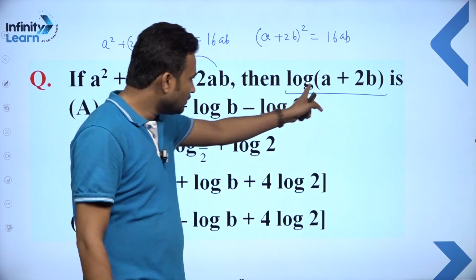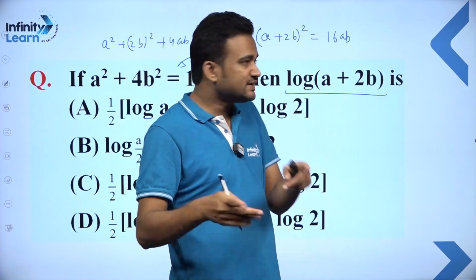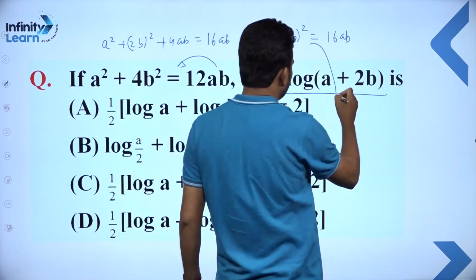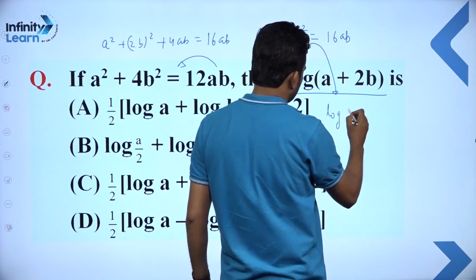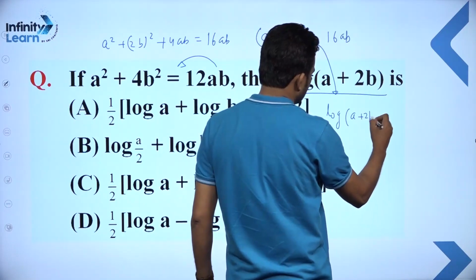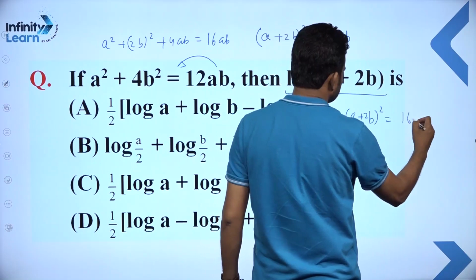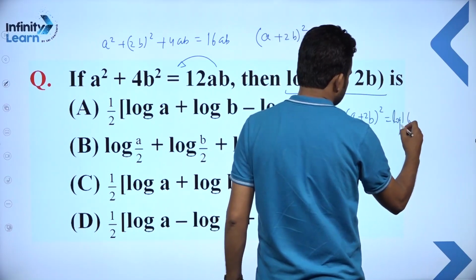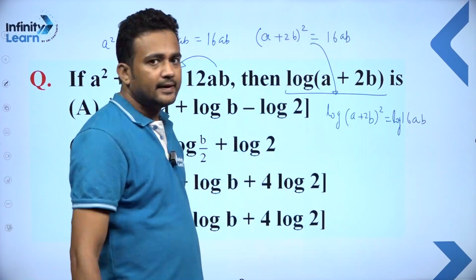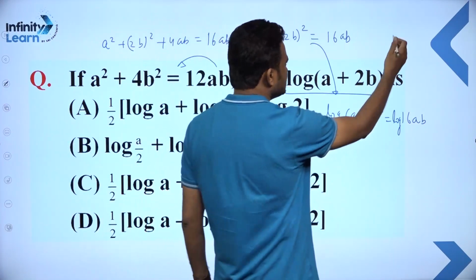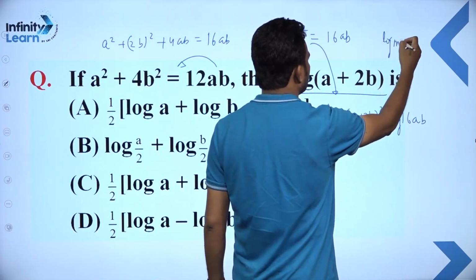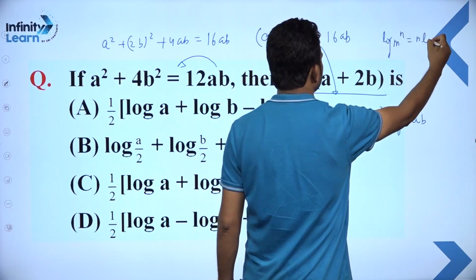Now we have to find the value of log a plus 2b. So let us take log both sides. If I take log both sides, we'll get log of a plus 2b whole square is equal to log 16ab, right? So use this property, log m power n is equal to n log m.